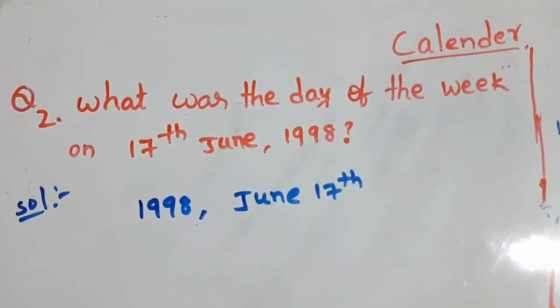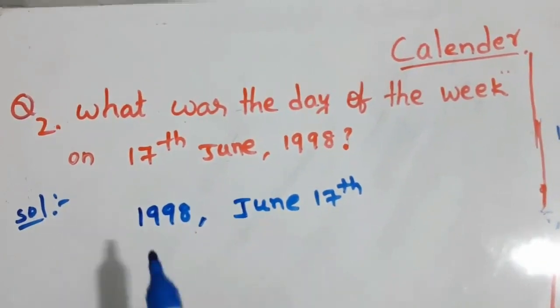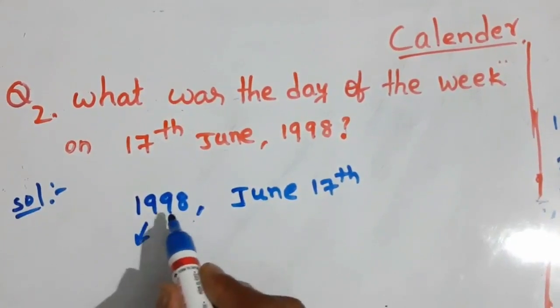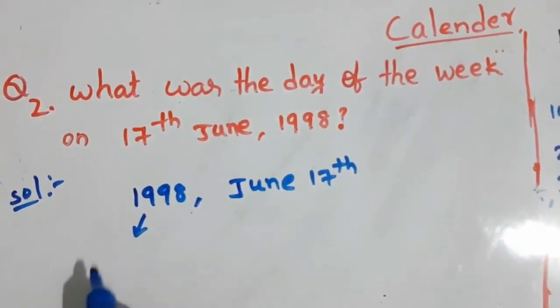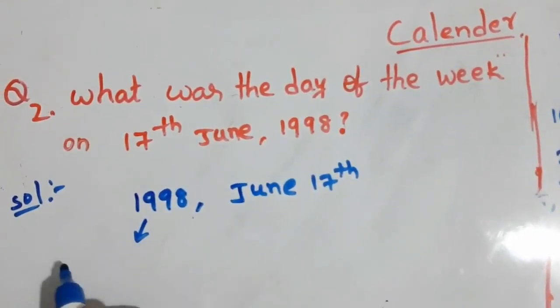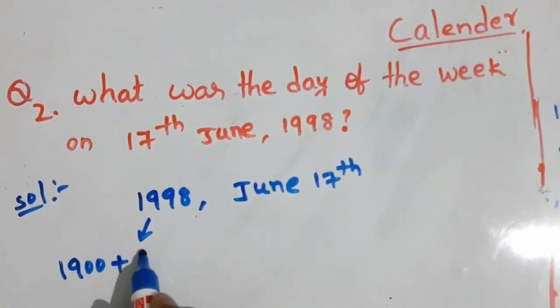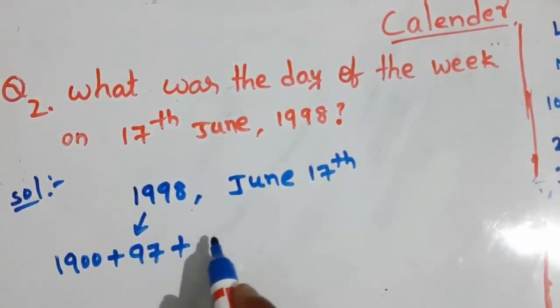Second question. What was the day of the week on 17th June 1998? 1998 June 17th. 1998 means the 1998th year is running, and so 1997 years are completed, so I can write it as 1900 years plus 97 years completed, and the 98th year is running.